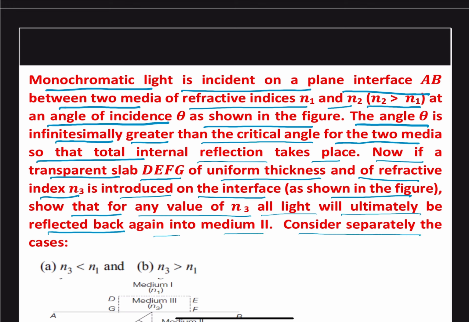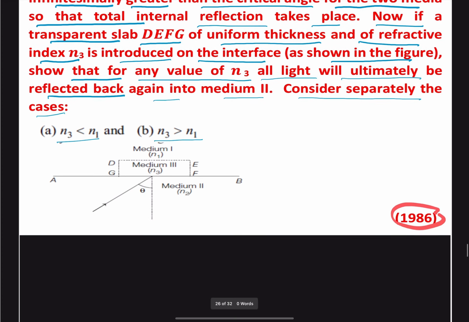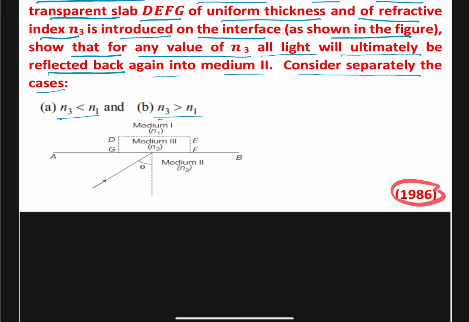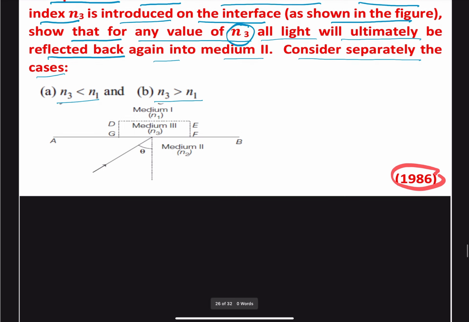Consider separately the cases when n3 is less than n1 and when n3 is greater than n1. So it means that total internal reflection is going to take place even after the introduction of this n3, and we have to find out the two cases.